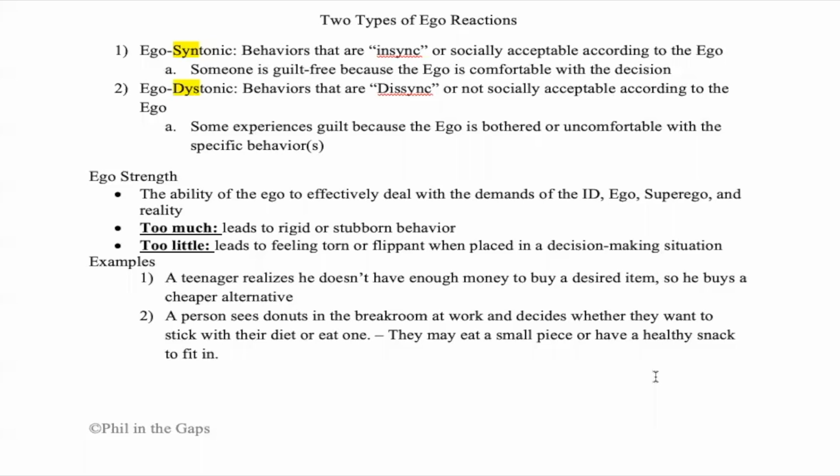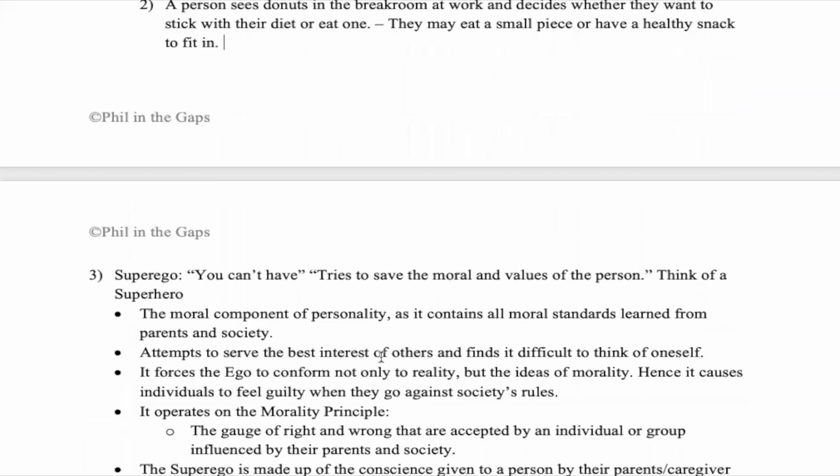Too much ego strength would have been like, I'm just not going to eat for the rest of the day if I ate that donut. Or too little is like, you know what? I'm just going to eat this whole box and we'll talk about the diet a little bit later on. A balance is either a small piece of the donut to still give yourself some of what you want, or another alternative to it that was still satisfying for you in some way, shape, or form.